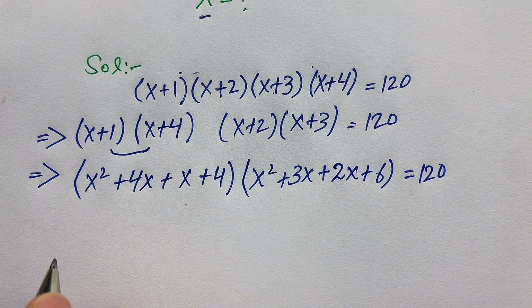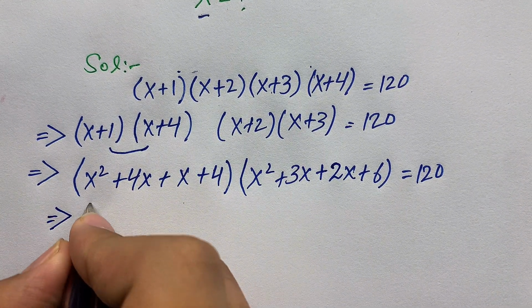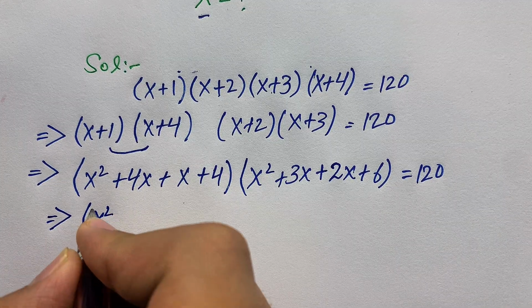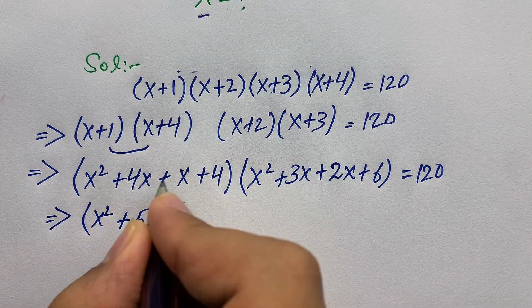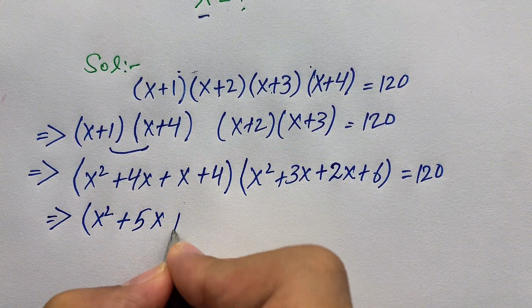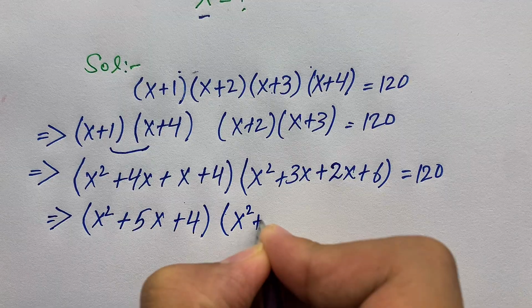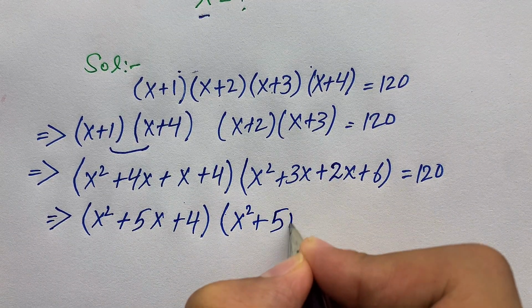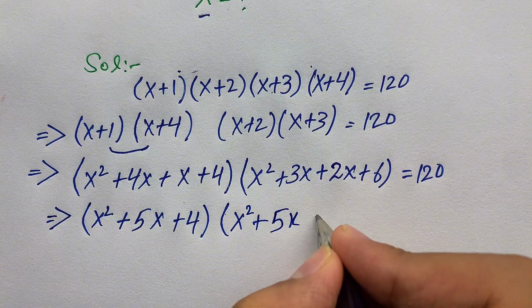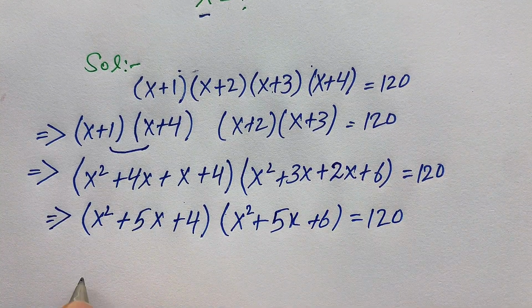So in next step, x square plus 5x, 4x plus 1x is equal to 5x plus 4. This will be x square plus 3x plus 2x is 5x plus 6 is equal to 120.